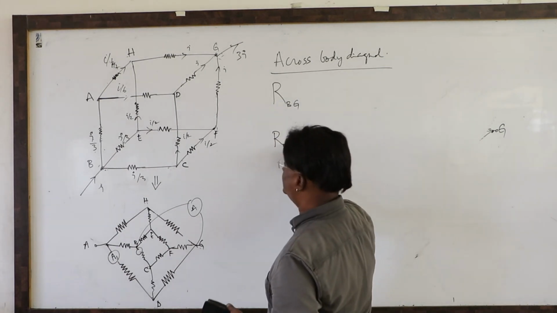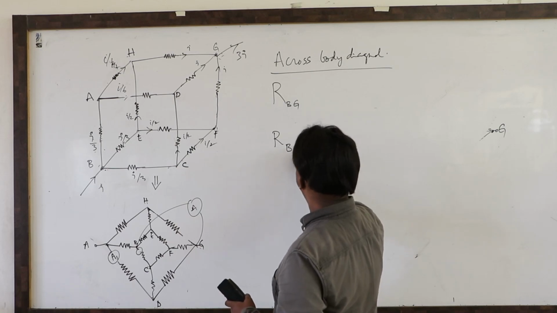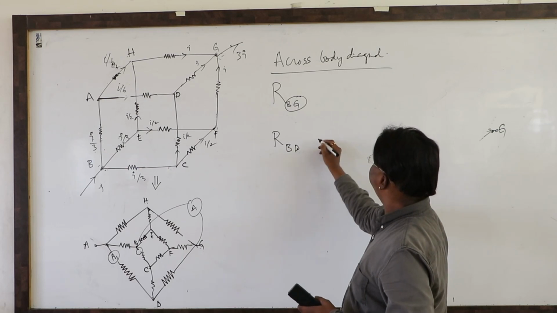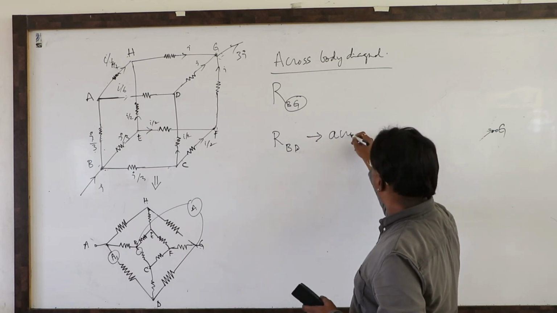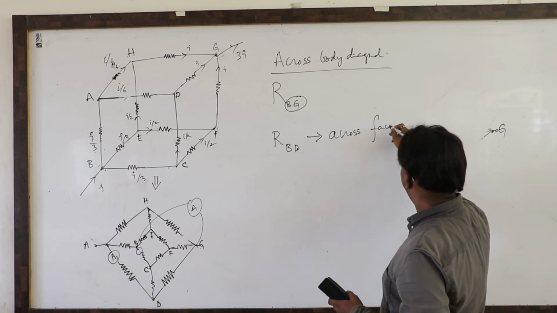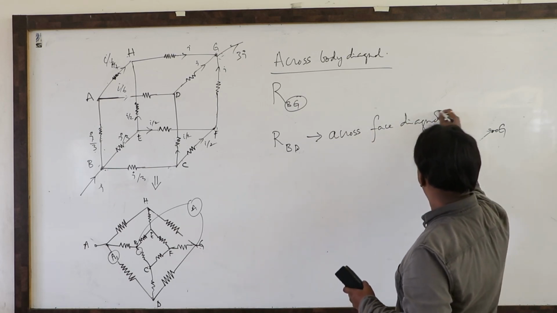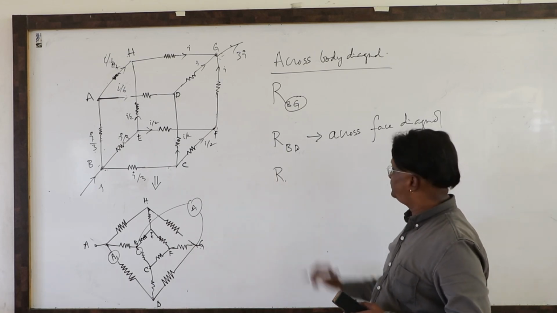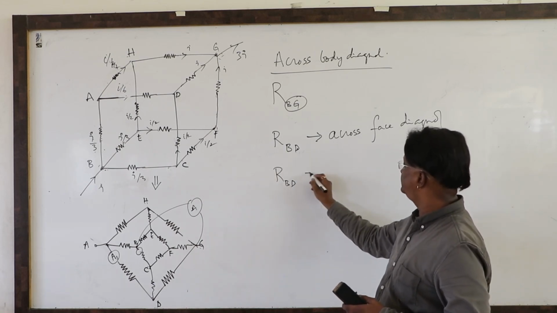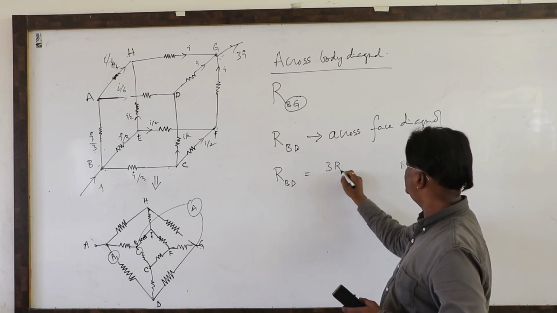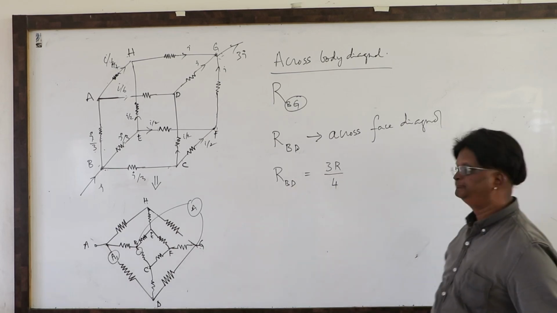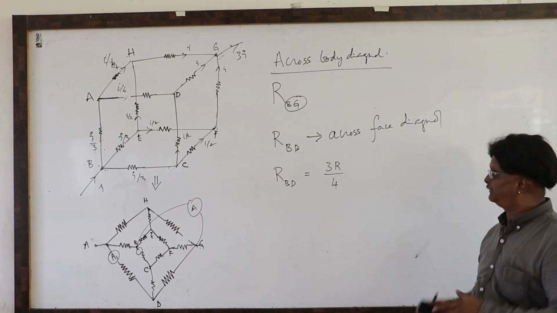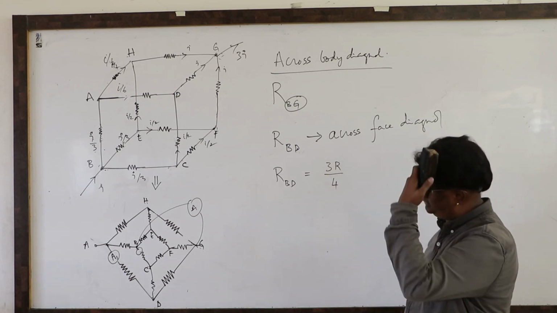Now I am writing R across BD. This BG is nothing but the body diagonal. BD becomes a face diagonal, so I call it across face diagonal. For the same kind of strip, the result is RBD equal to 3R by 4. I said BD, but it need not be BD; for any face diagonal, the result is 3R by 4.